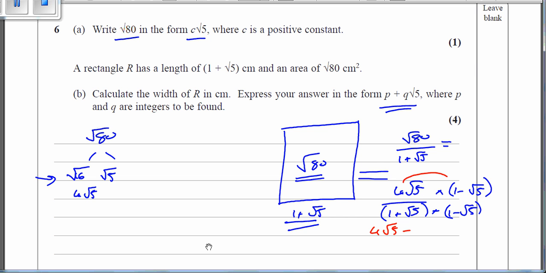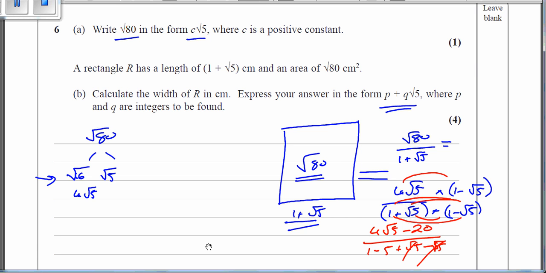And then 4 root 5 times minus root 5 is going to be a minus. Root 5 times root 5 is going to be 5, times by 4 is going to be 20. So that's going to be minus 20. Then we've got 1, and we've got root 5 times minus root 5, so it's going to be minus 5. Plus root 5 minus root 5, which of course always disappear.